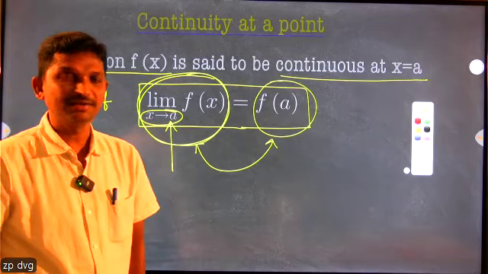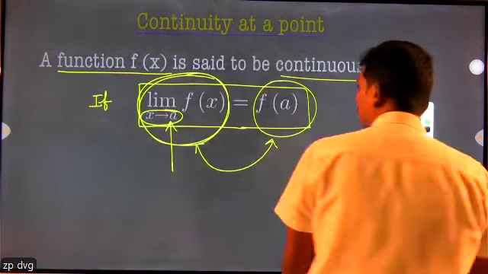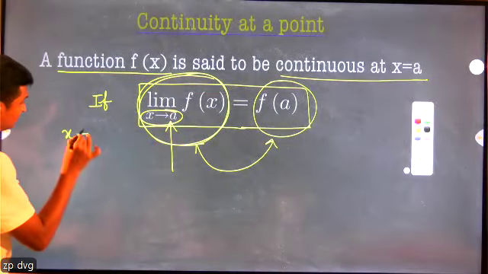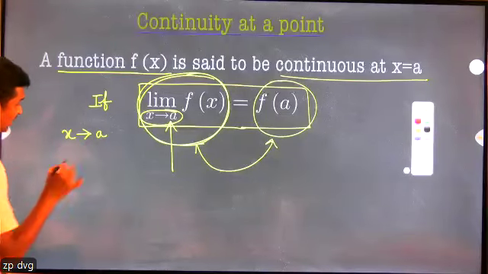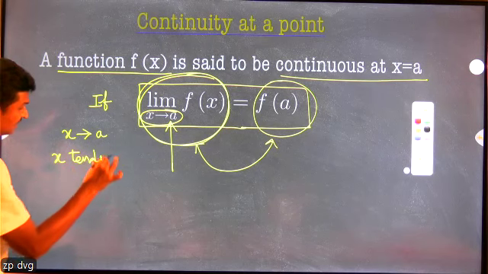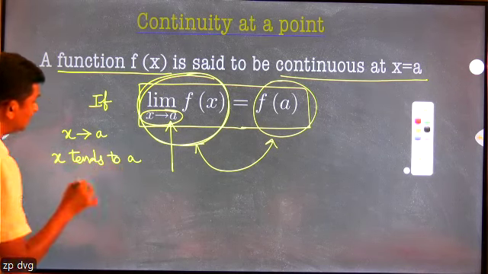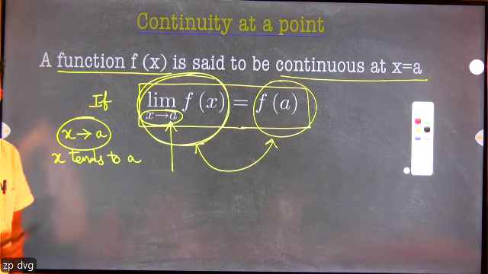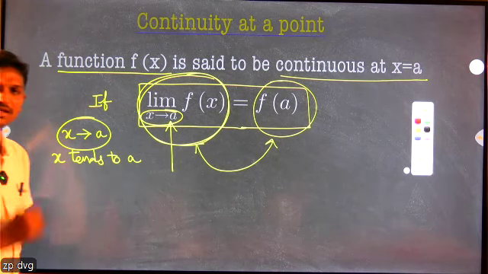Then we will continue further. Here, x approaches a; we read it as x tends to a also, or we can read it as x approaches a. We learn what it means and then I'll come back to the same slide.